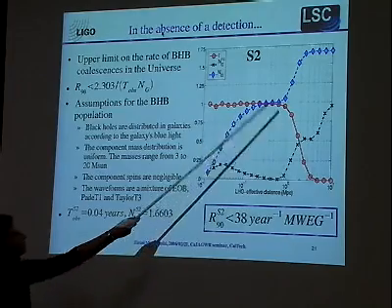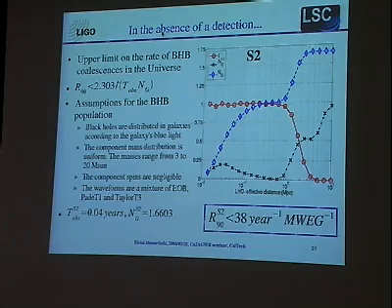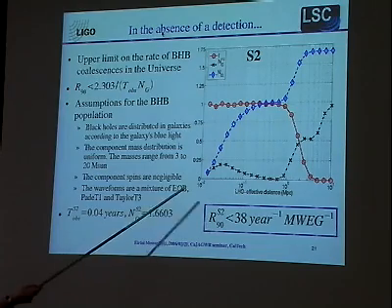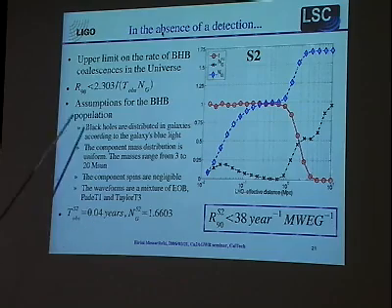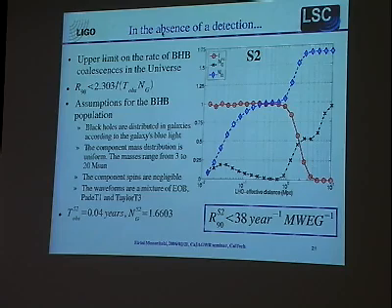So this is a cumulative number of Milky Way equivalent galaxies per distance. And what we got for S2 is 1.66. And by plugging everything into the equation, we get 38 per year per Milky Way equivalent galaxy. So this is not an astrophysically interesting upper limit, but it is an upper limit. And it gives us an idea of how we can do calculations like that.